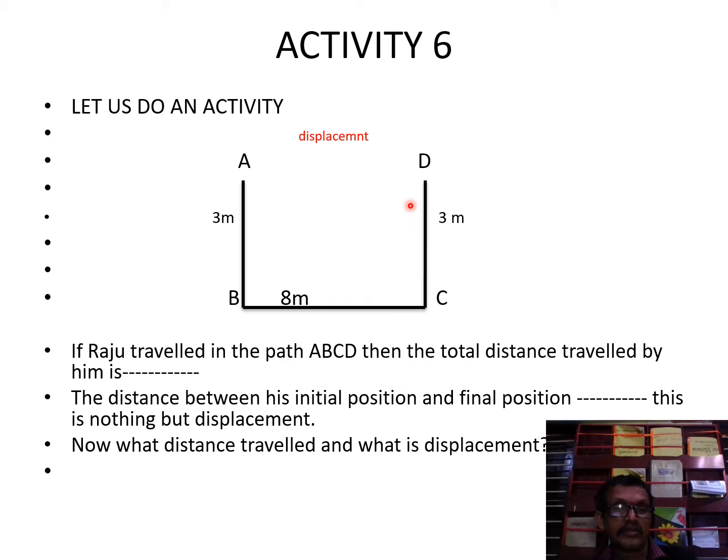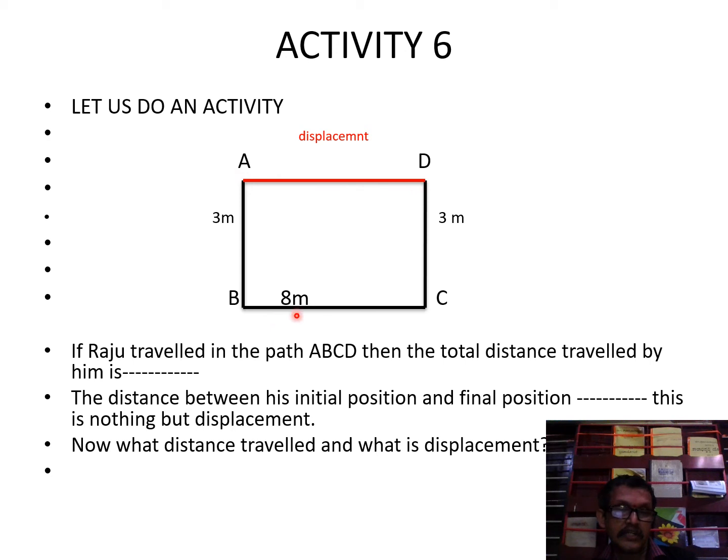This is distance traveled. Now try to understand the displacement. Here first he is at position A. After moving he comes to point D. So the distance between the initial position and the final position is called the displacement.